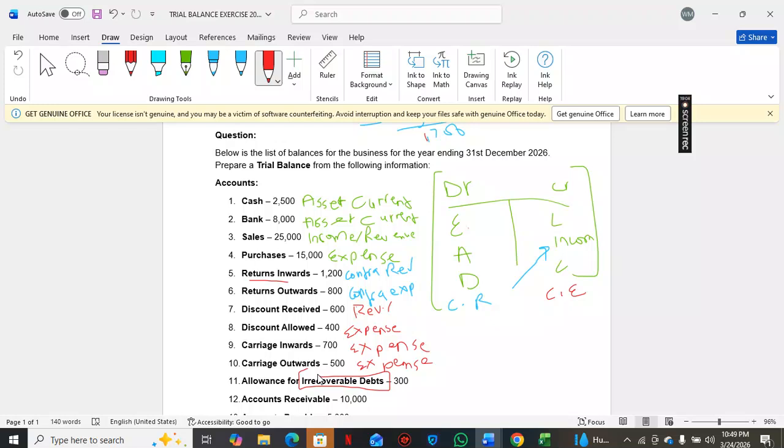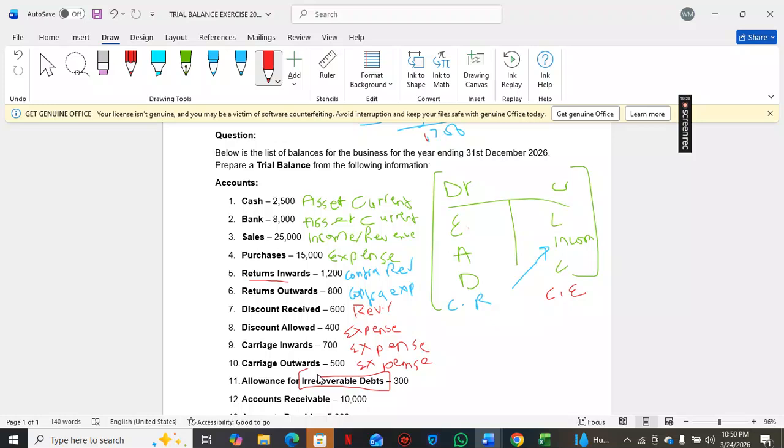This follows the prudence concept, where in accounts you have to foresee any expenses that you might incur. Any income that you might generate. So as a business, you know that if you're doing credit sales, you won't always get all of your money back. Some might not come.